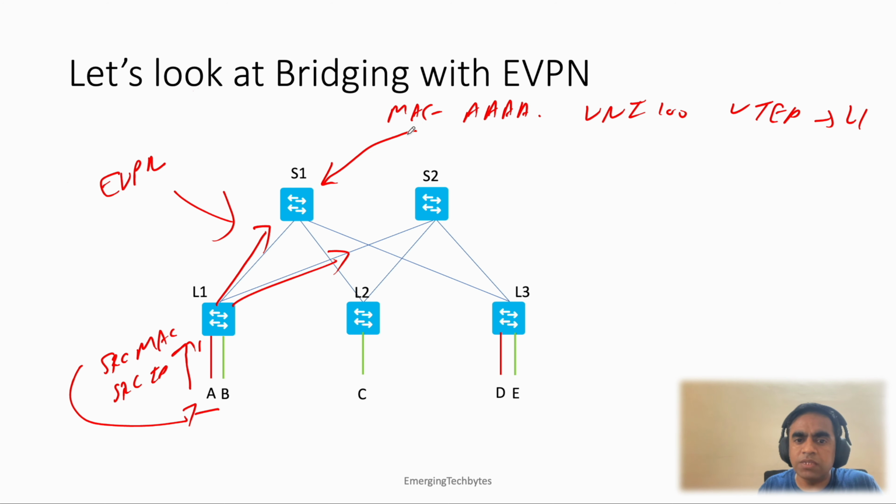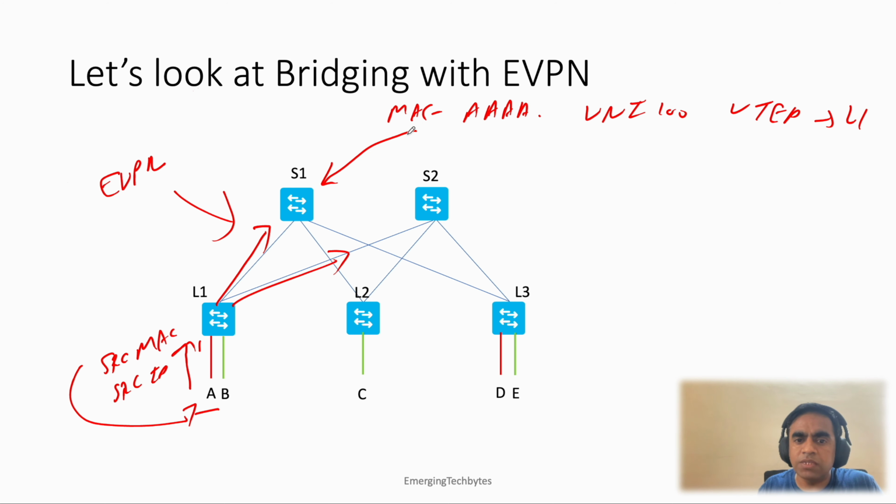Now S1 and S2 are acting as BGP route reflectors. They will send this entry here towards L3. So L3 will see that MAC address AAAA is connected behind VTEP L1 with VNI 100.